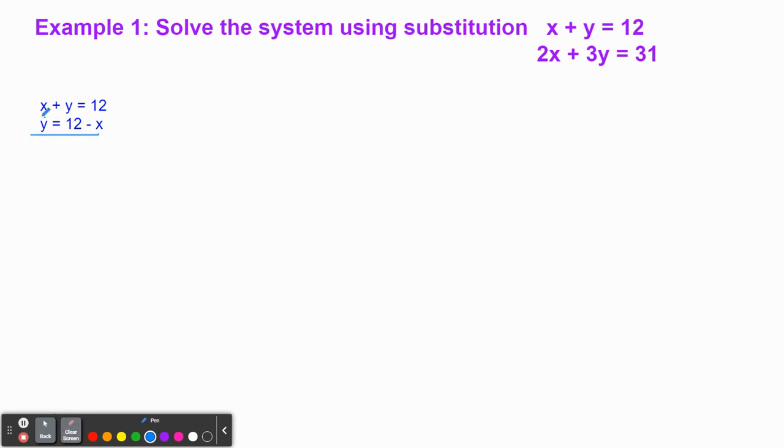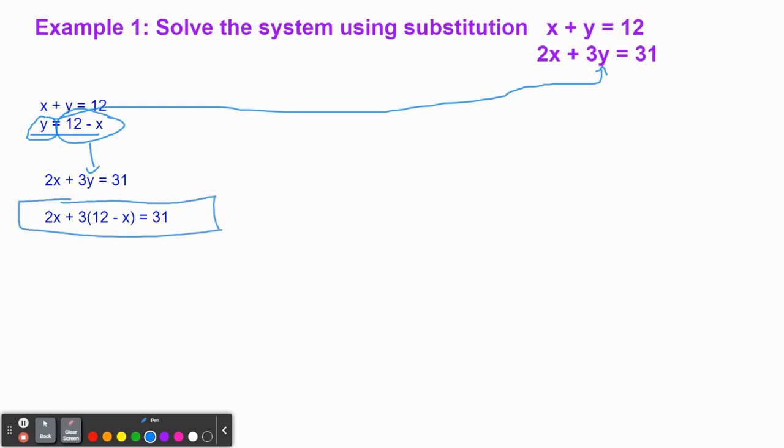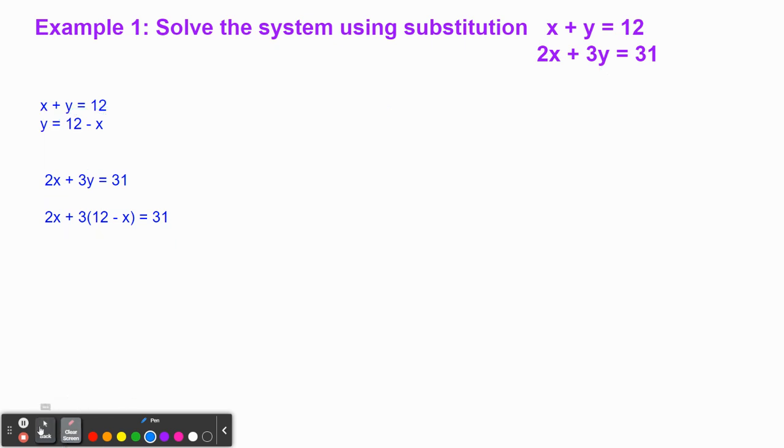But now I want to plug in this y into my second equation there. If I do that, it should look something like this, where this 12 minus x is going to replace the y right there. So from here, I should be able to solve for x. 2x plus 3 times 12 minus x in parentheses equals 31.